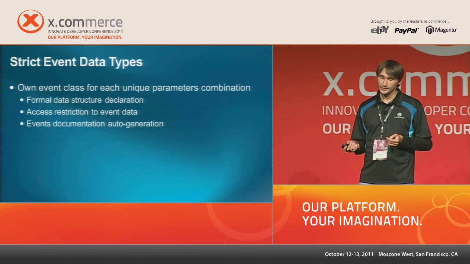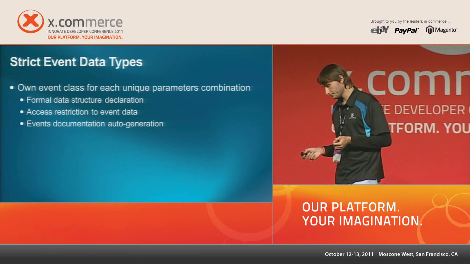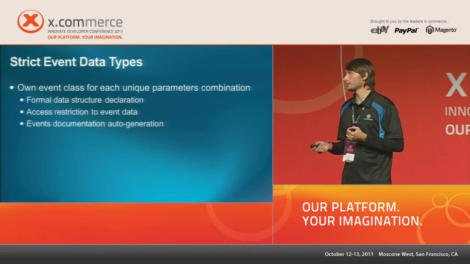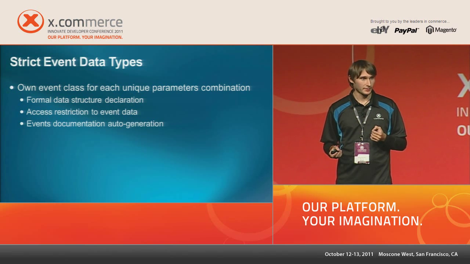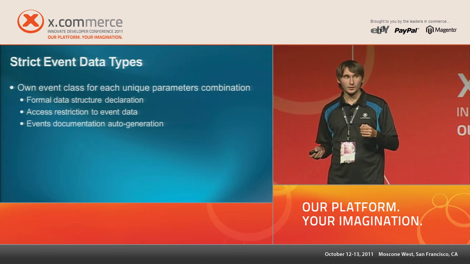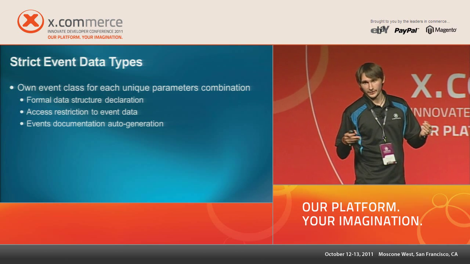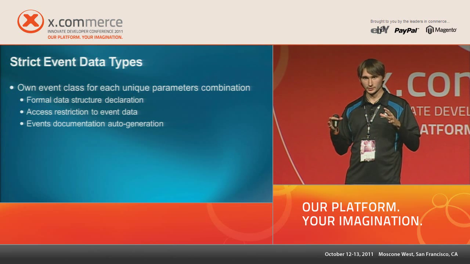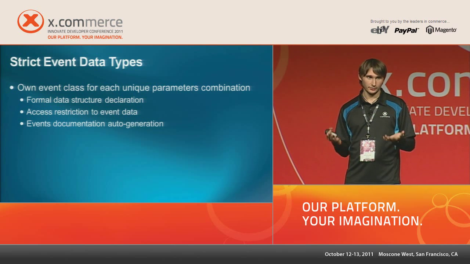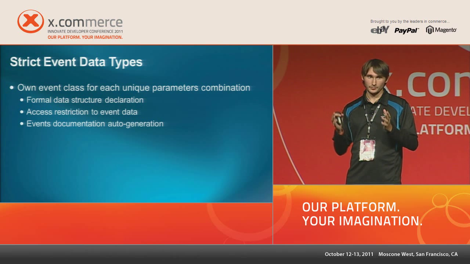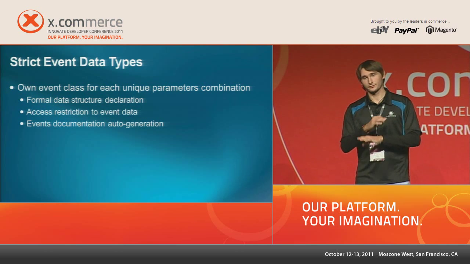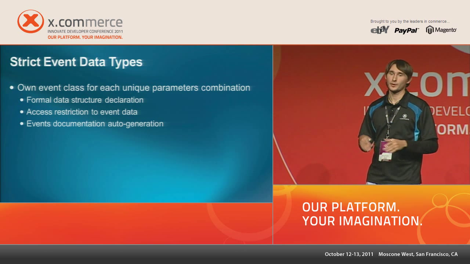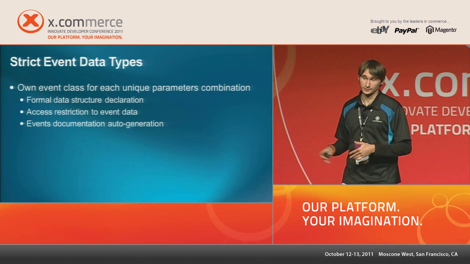Okay, so the first idea of this proposal is called Introducing Strict Event Data Types. So what does it mean? Right now, Magento passes event parameters as a very flexible data structure, kind of an array wrapped into an object. It's very flexible. You can pass any data as you need, as you like.